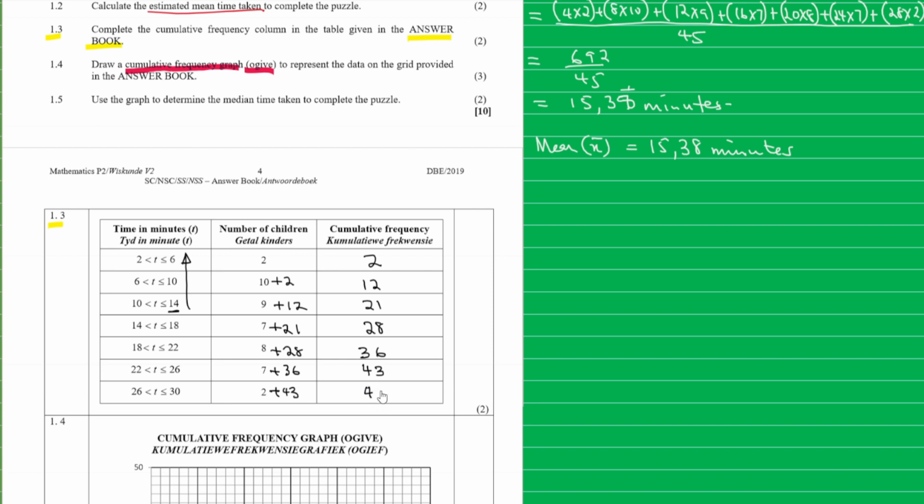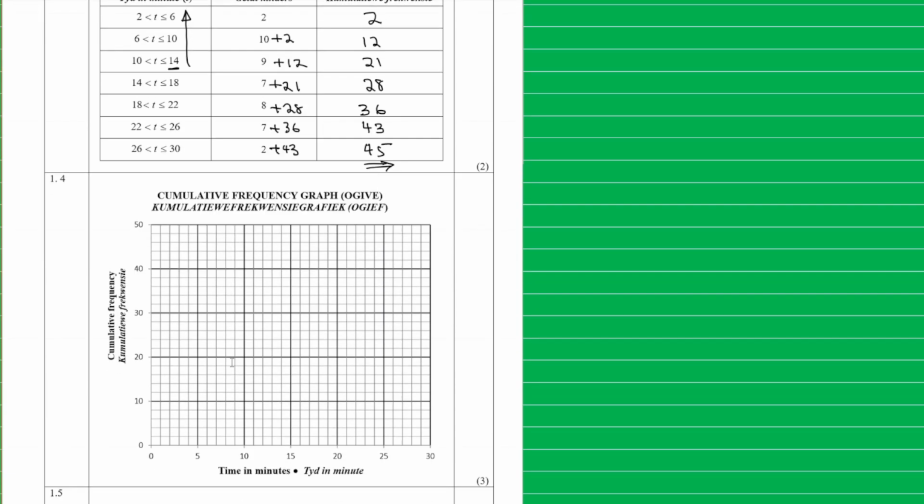That will give us 45. So this 45 here will indicate that you have the total frequency. You must always get your total frequency, or the total number of objects, in this case children, that were interviewed is 45. So those are the cumulative frequencies that we get.